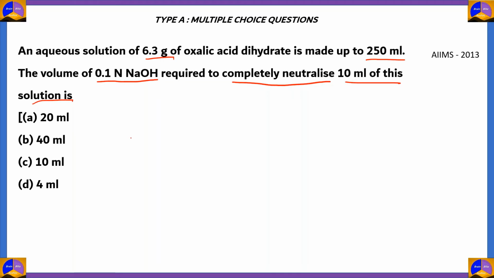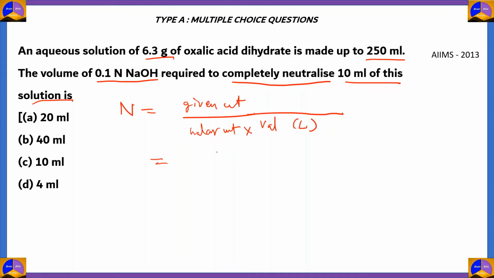So, how do you calculate this question? So here we are given the normality of NaOH, but we don't know the normality of oxalic acid. So we need to find the normality of oxalic acid, and normality can be calculated as given weight divided by molar weight into volume of the solution in liters.